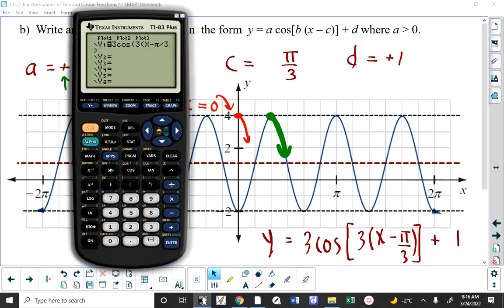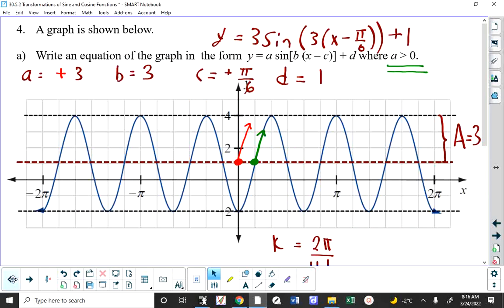Close the brackets on both of those arguments and add 1. And it looks pretty good. You could, of course, go to your table or start calculating some points, max-min points on your calculator, or looking at your trace function to prove that that's the same graph. But you will discover it is.